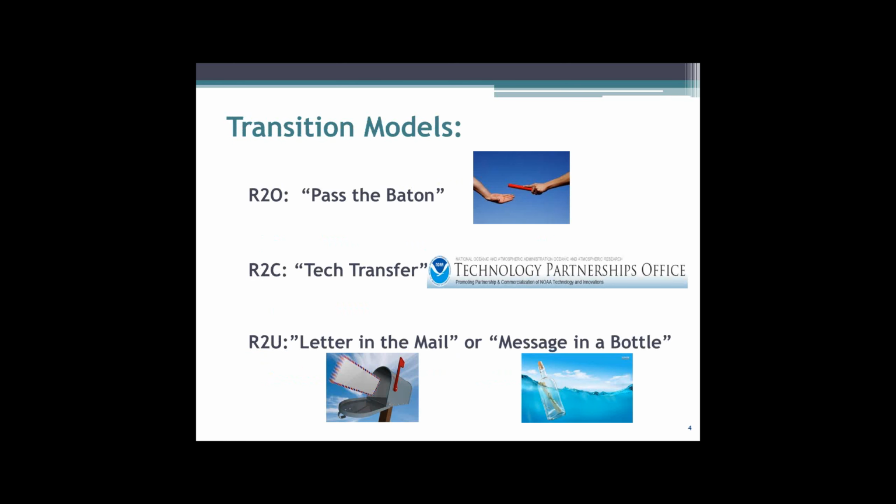Just for FYI, there are different models for transition in these types of areas. R2O is the pass-the-baton model, I call it, where MDL, for example, works closely with a SPA at NCO and NCEP, who then, Arthur is sitting next to me and is very familiar with this model, where you have to coordinate extremely highly, sometimes delving into code to troubleshoot bugs, and then do AWIPS testing on the output, etc. And if things don't happen properly, then the baton is dropped, and bad things can happen.